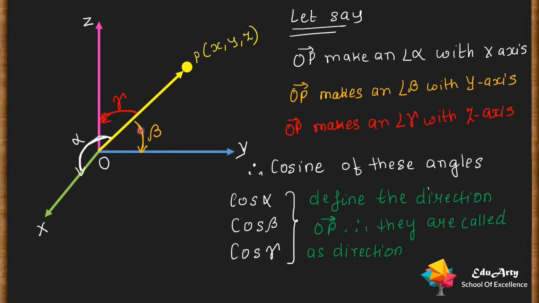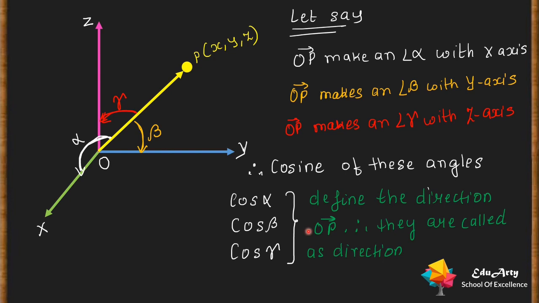So we define those angles as alpha, beta and gamma, and according to the cos of those angles we will be able to identify the direction of the OP vector. So cos alpha, cos beta and cos gamma are our direction cosines, correct?